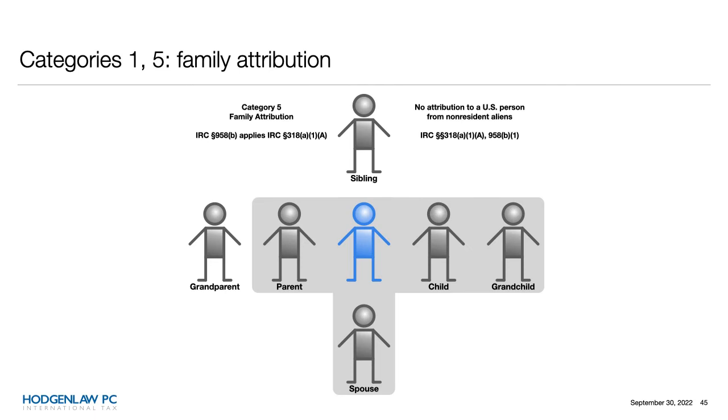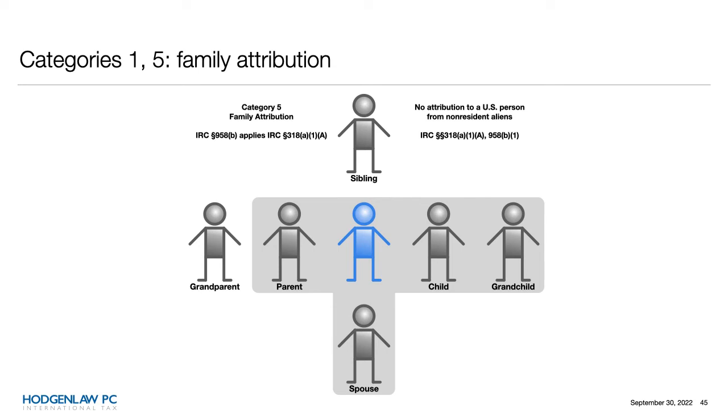Family attribution. The family attribution for categories 1 and 5 looks exactly like it does for category 4, which is not surprising because it starts from the Section 318 family attribution rules.